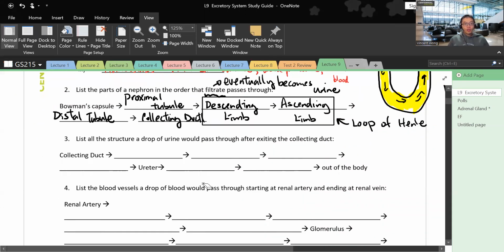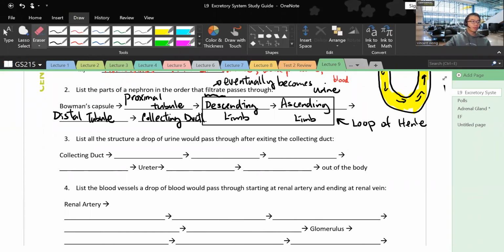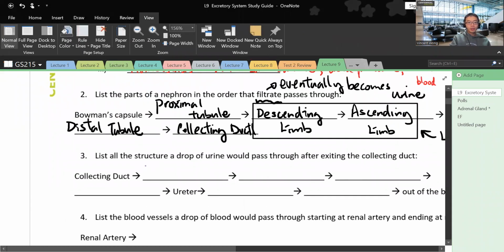List all the structures a drop of urine would pass through after exiting the collecting duct. Okay, so I have been telling you all day where to go. Let's just put it down. From the collecting duct, it goes into, once again, the renal papilla.